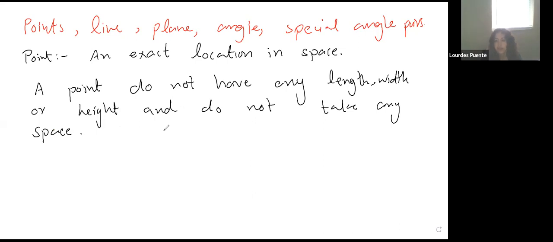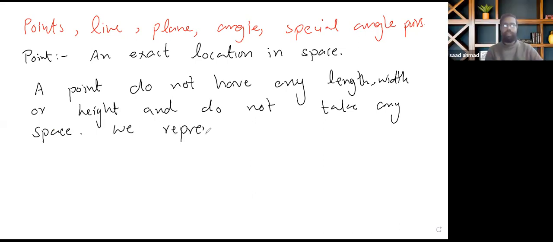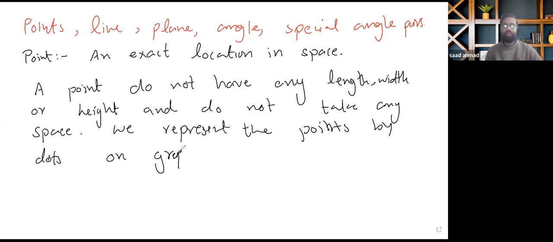We represent the points by dots on pictures or on graphs.